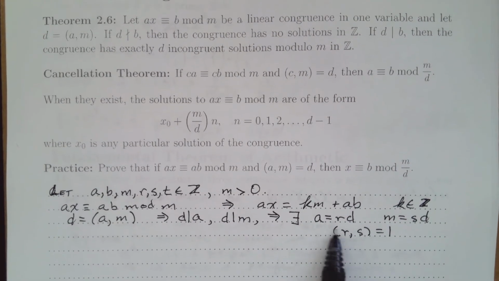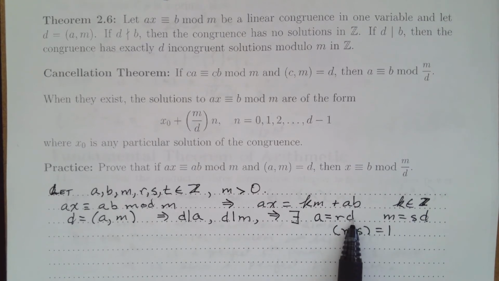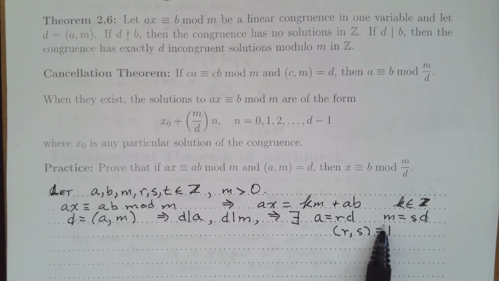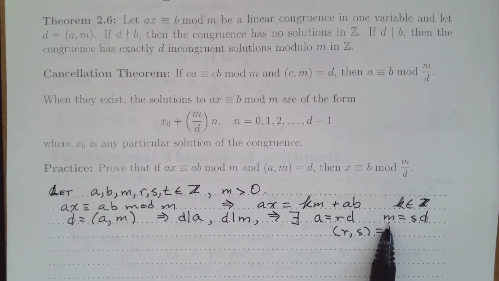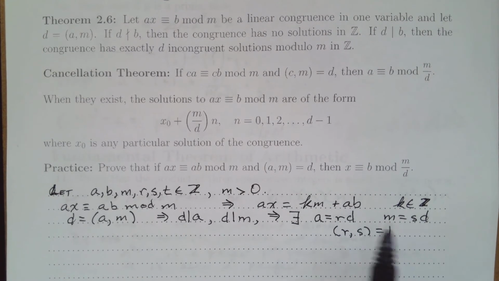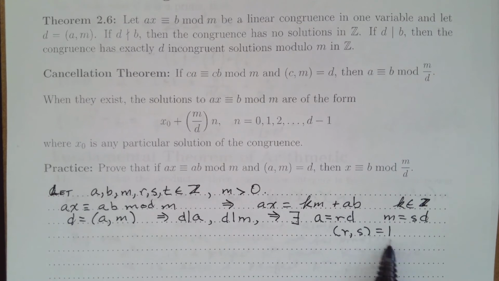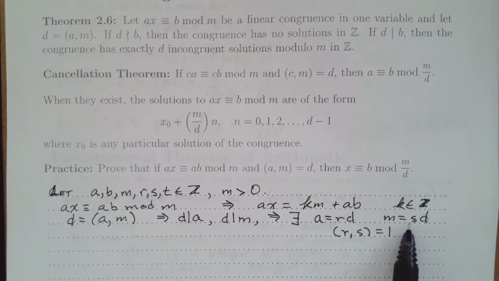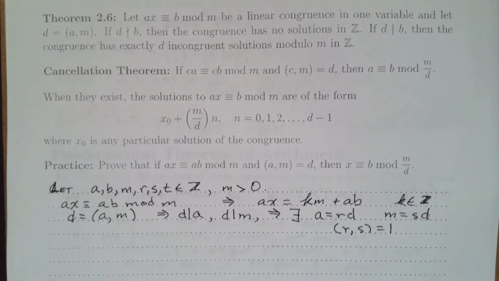The reason R and S have to be relatively prime is because D is the greatest common divisor, so there's nothing in common between R and S in terms of their prime factorizations.